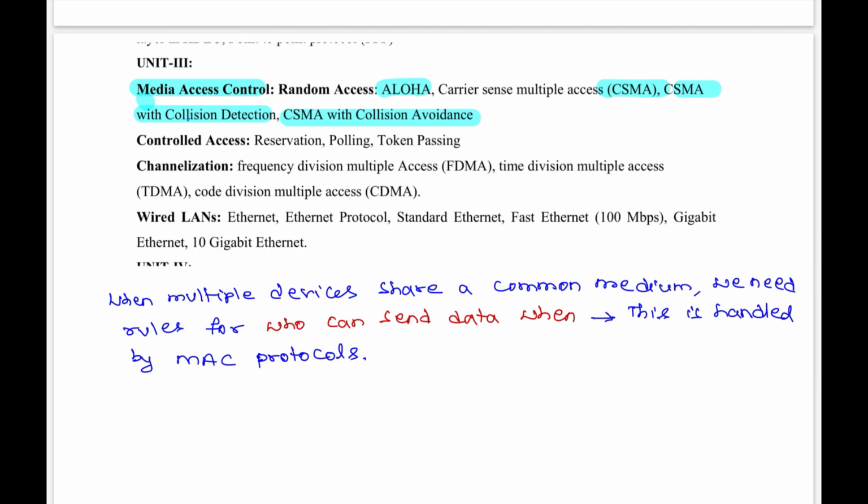So let us try to understand. It is a pure or slotted version, and the CSMA, carrier sense multiple access.